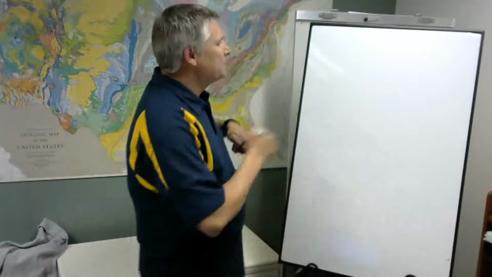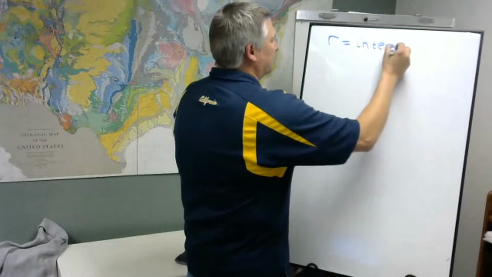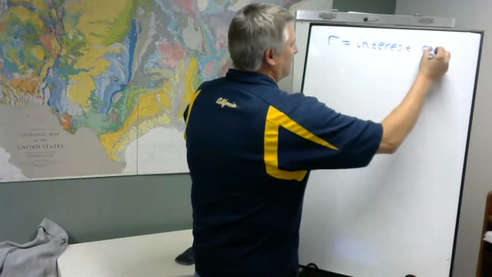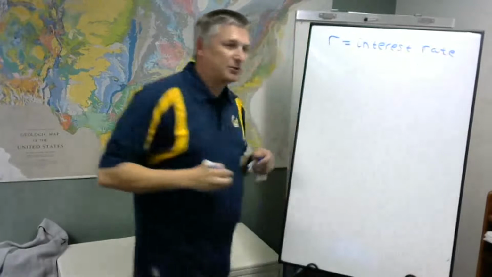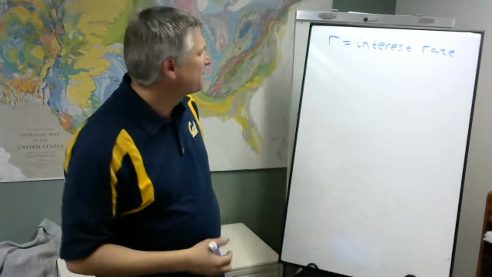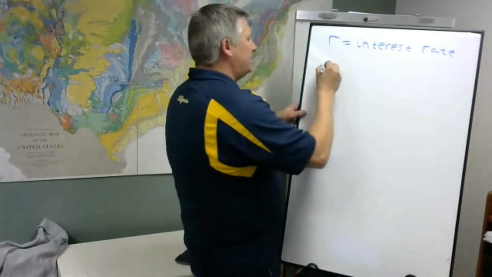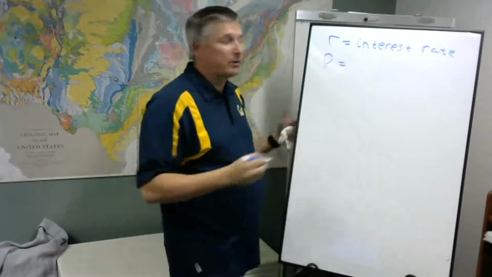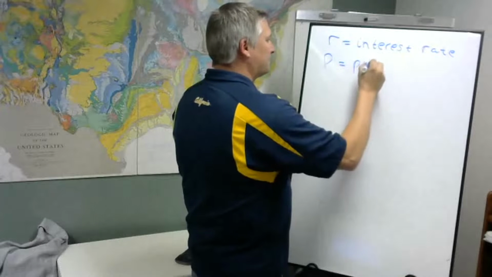And we represent interest with some percent. So this will be the interest rate, R. And a responsible interest rate is going to be less than 100%, way less than 100%. We let P be the amount we borrow. We call this the principal.